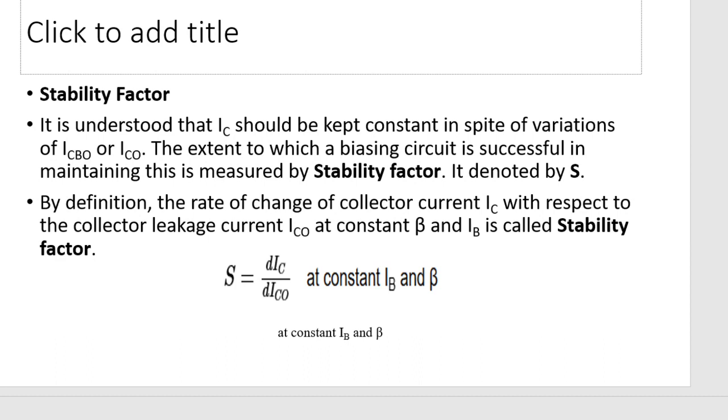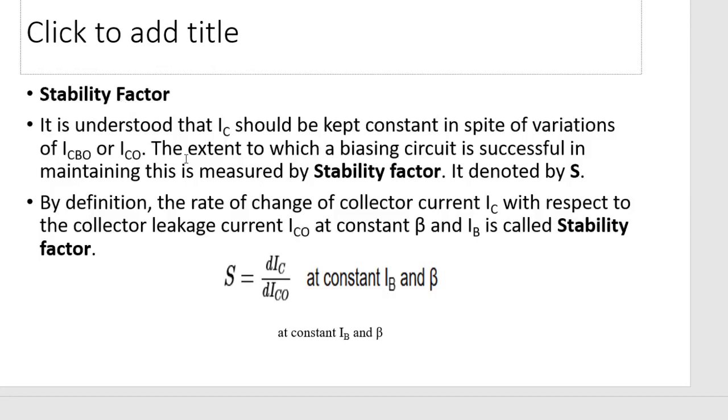With the help of a bias circuit, if we fix the Q point, even if the temperature varies, or even if we replace the transistor, the DC or AC parameters, the collector current or base current, will not change. We have a definition for the stability factor. IC should be kept constant in spite of variations in temperature, ICBO, thermal runaway, or individual transistor parameters.